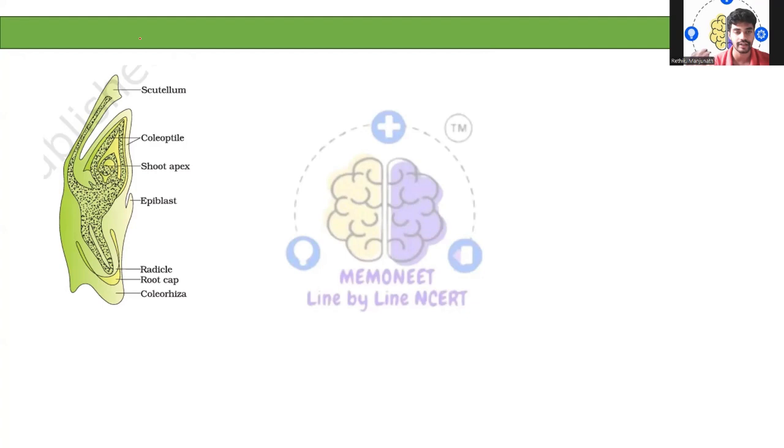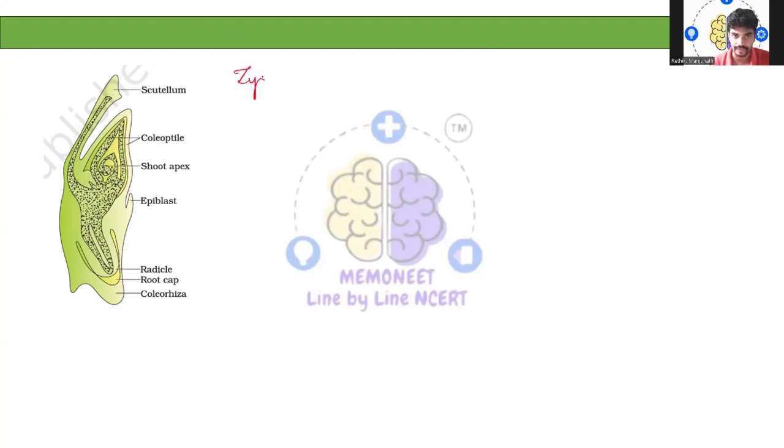Seeds differ greatly, right? Certain early stages of embryo development are similar in both monocot as well as dicot. But despite that, the stages of embryogenesis in both vary somewhat.